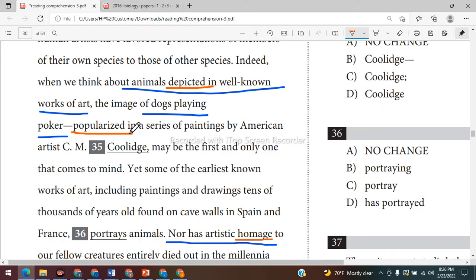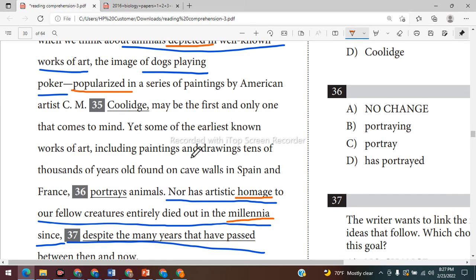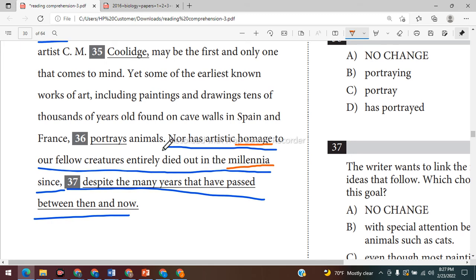So they started very broad by talking about paintings in general, paintings depicting humans, and then they narrow down and say humans also do art depictions of animals. They narrow down even further and say they not only did pictures of animals back in the day. I like how they say, nor has artistic homage. I love the words they use. Homage, you know what homage means?